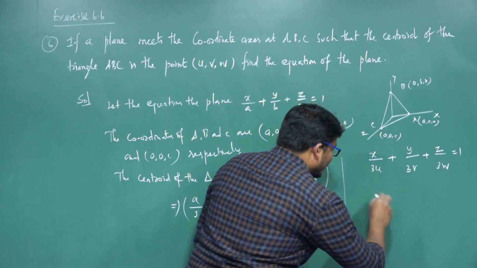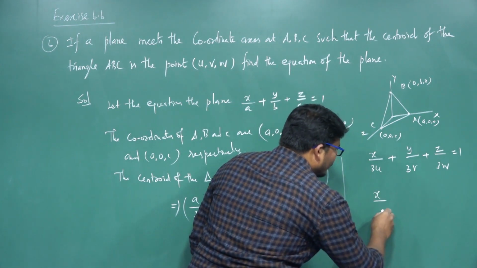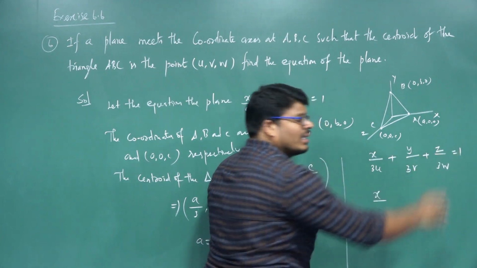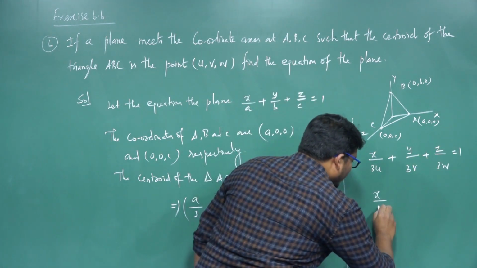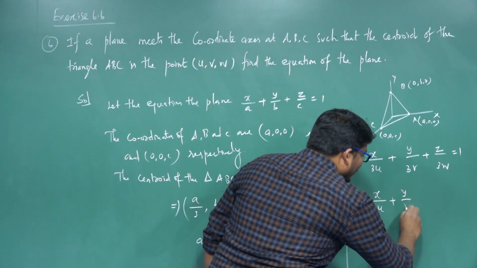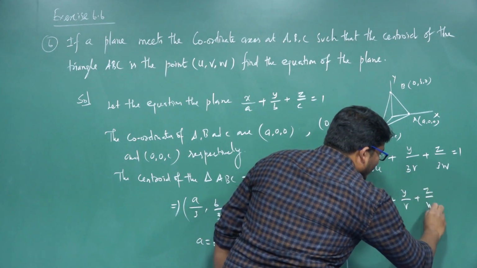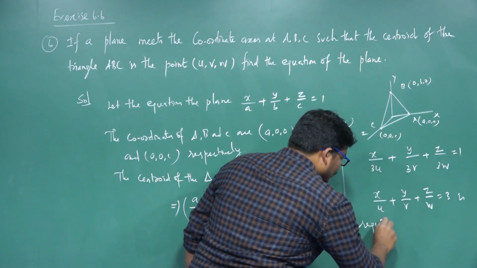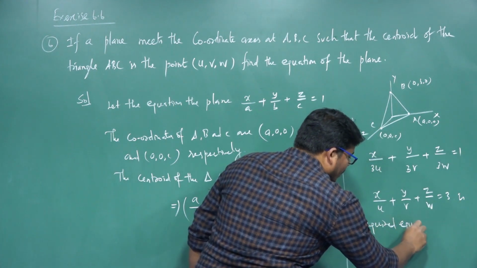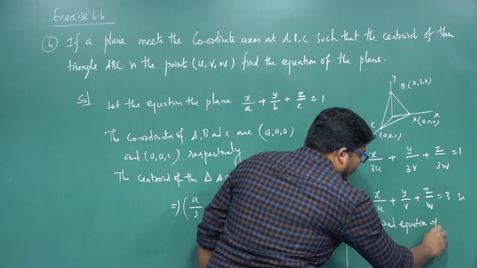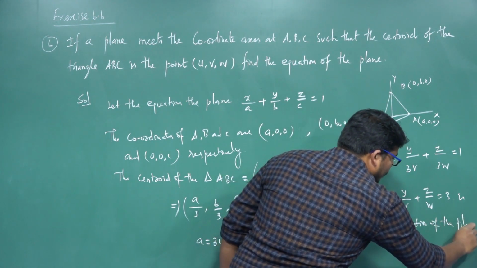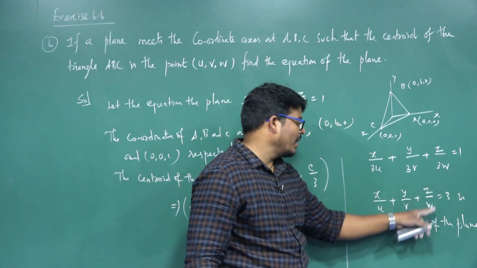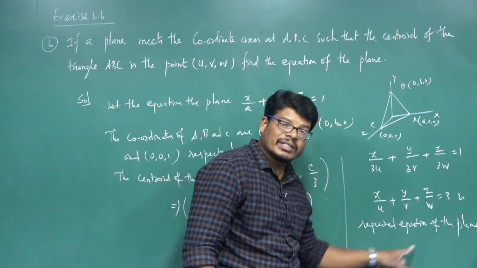Here a is 3u, b is 3v and c is 3w. Therefore the required equation is x by u plus y by v plus z by w equal to 3. That is x by u plus y by v plus z by w equal to 3 is the required equation of the plane.